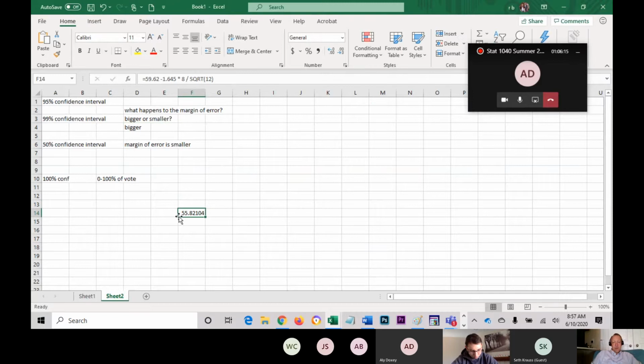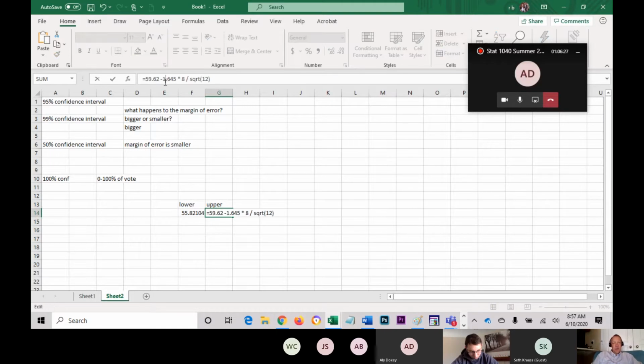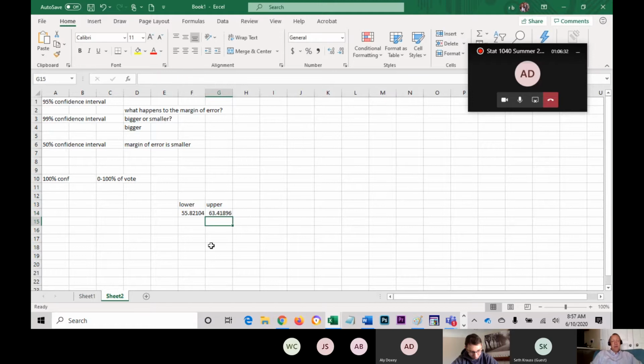Okay, so that's your lower and your upper. And I'm going to change that minus to a plus. So the idea here is, if I were writing this on my paper, I would probably write this as 55.82, comma, 63.42.